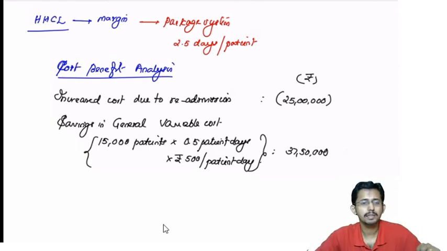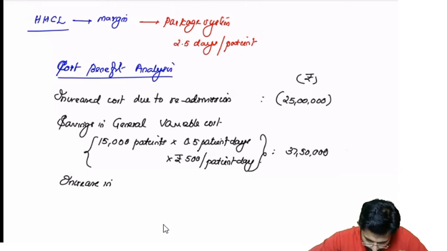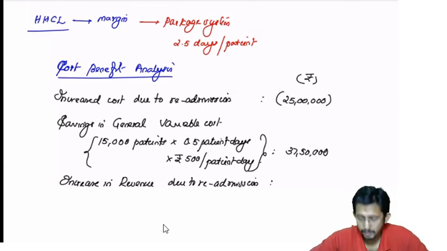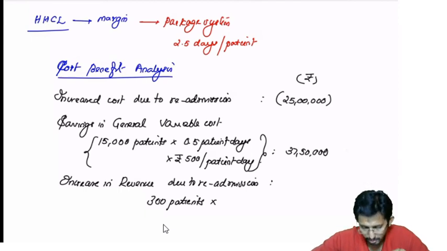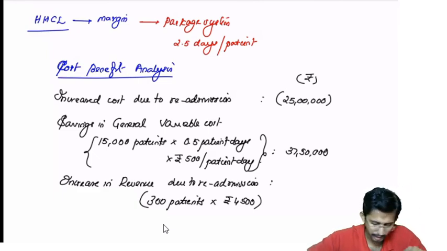Okay, that is 37,50,000. Now what happens? There is increase in revenue due to readmission. What is the increase in revenue due to readmission? It is 300 patients will come. And per patient, what is the cost? Rupees 4,500 will be the cost to the patient. So 300 into 4,500 will give you 13,50,000.